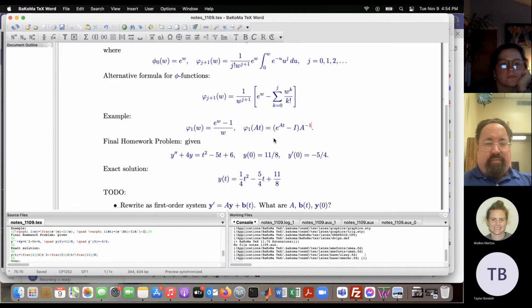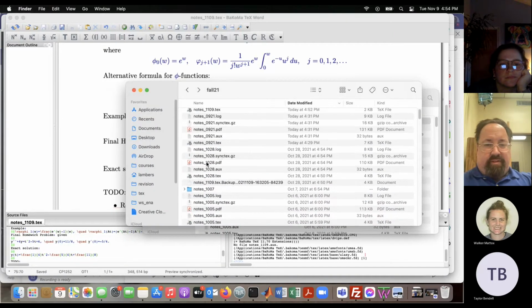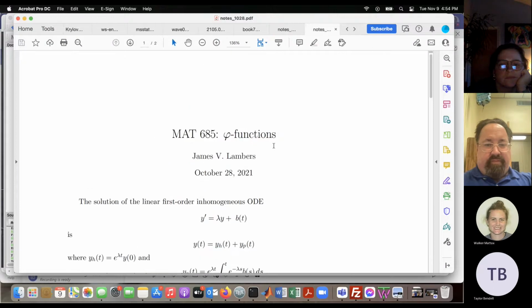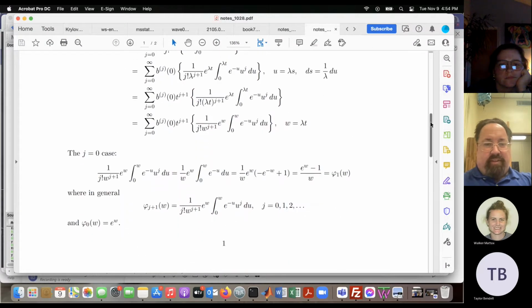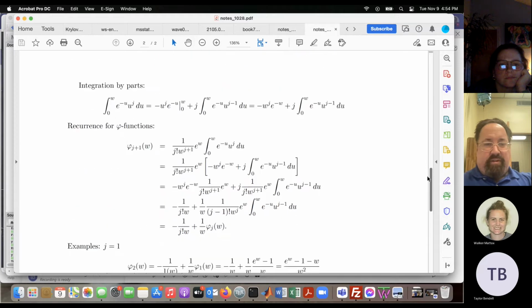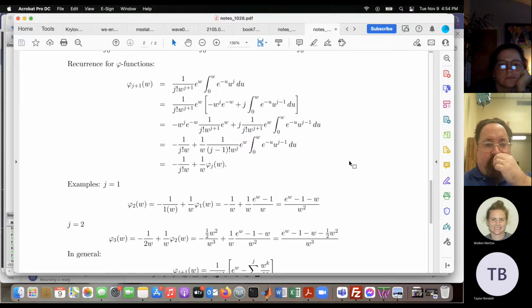Although there was something from the October 28 notes for expressing each phi function in terms of another, the recurrence relation. Yes, this recurrence relation right here.